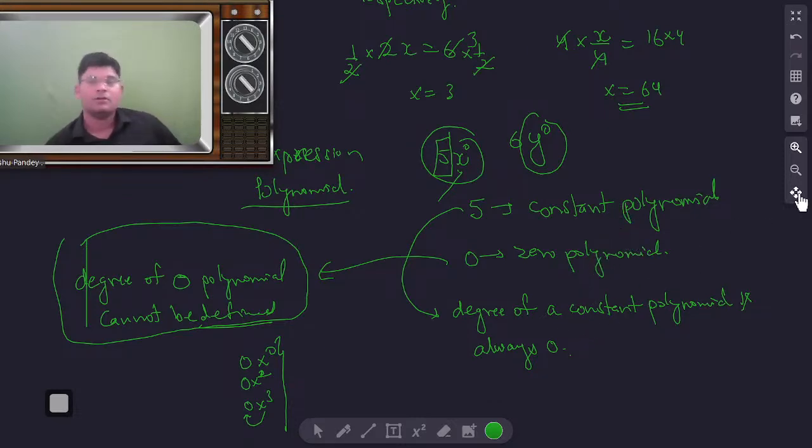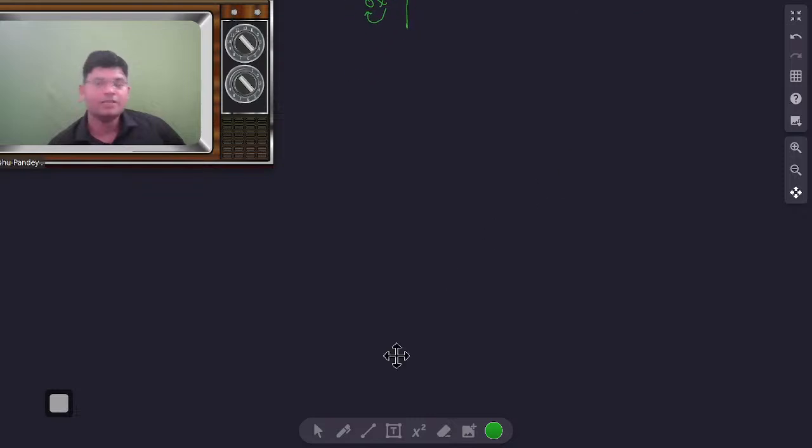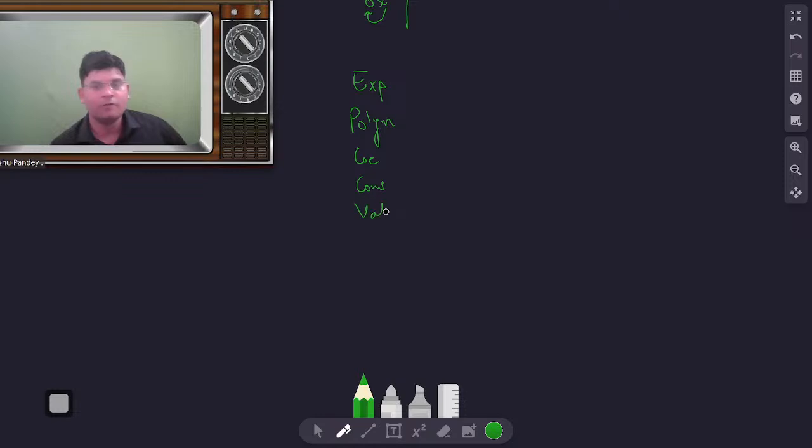Okay, so let's revise what all we learned today. We learned about expression, polynomials, coefficients, constants, value, number of terms, how to add terms and subtract terms, and we learned about the statements of addition, subtraction, multiplication and division.